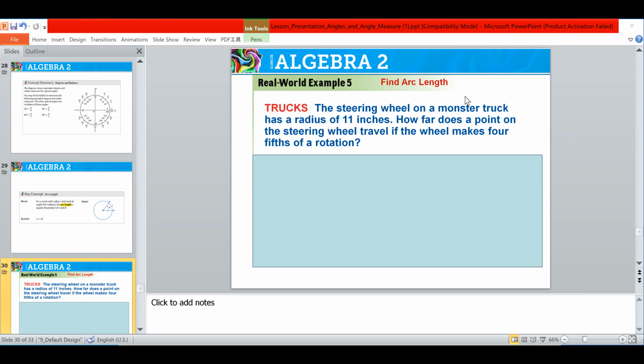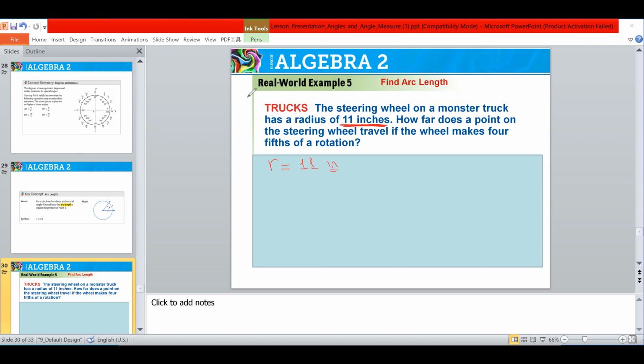To find the arc length, we must know two things, the radius and the theta rad. The radius from the given is 11 inches.